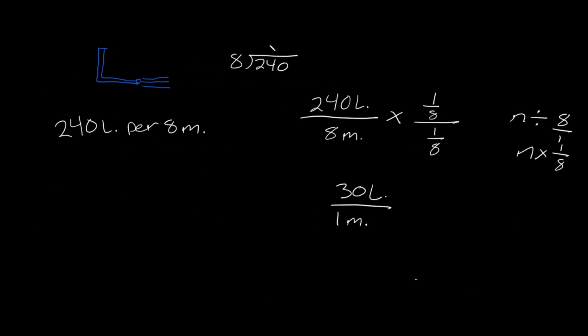And like I said here, 8 goes into 24 3 times. And then we can subtract. It's going to be 0, drop down this other 0. And then 8 goes into 0 times. So we have 30 as our answer. So our flow rate in liters per minute is going to be 30 liters per minute.